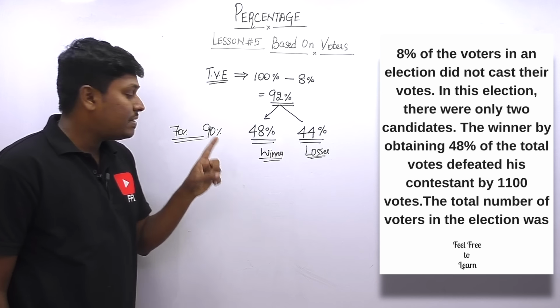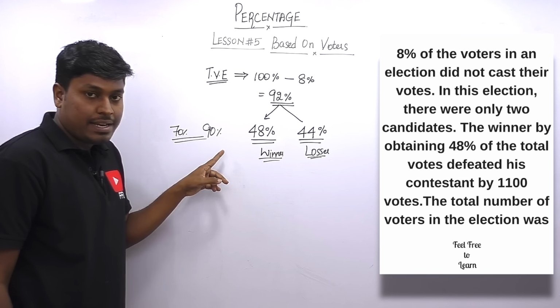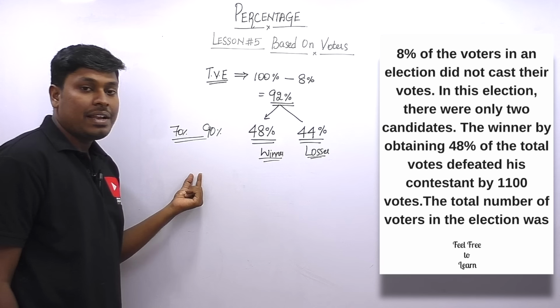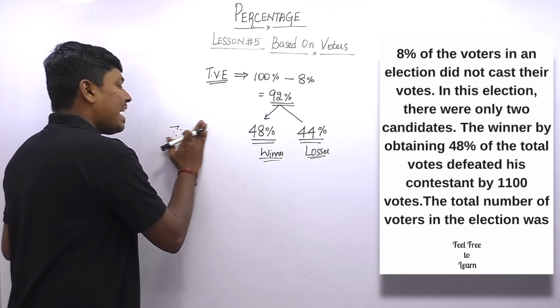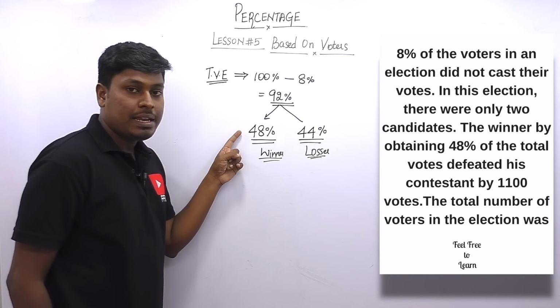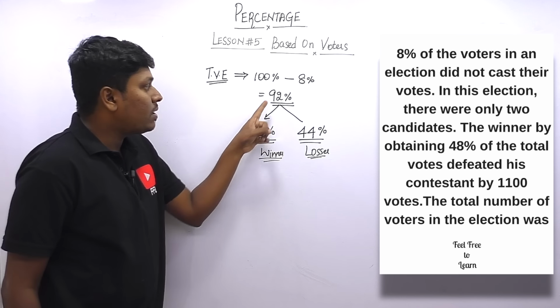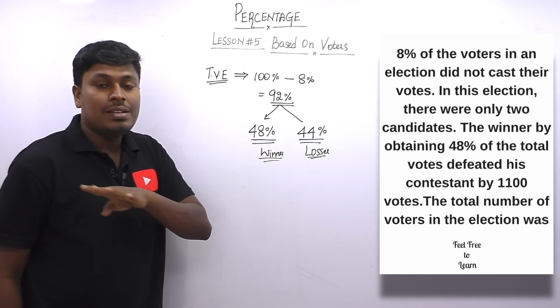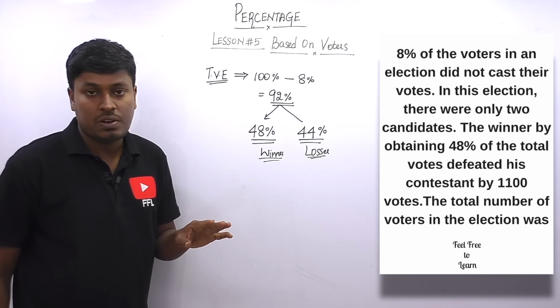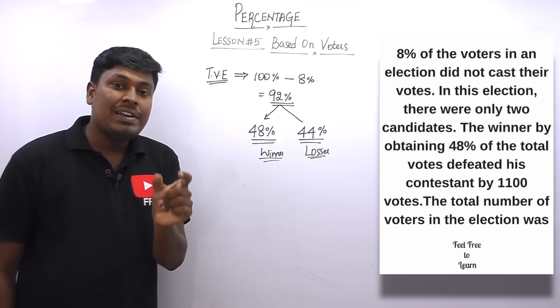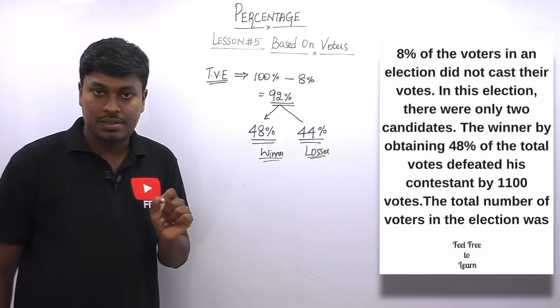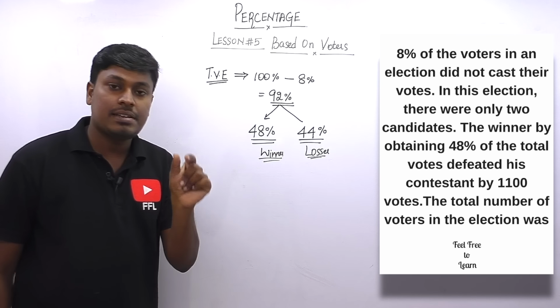So what we did is 70% of 90, then after calculating the value, we found the winner percentage, right? But in this question, they have directly given 48%. You should not find what is 48% of 92. That is not the right methodology to solve it. In the previous question, what they have mentioned is winner got 70% of the valid votes. So what we actually did, 70% of 90.